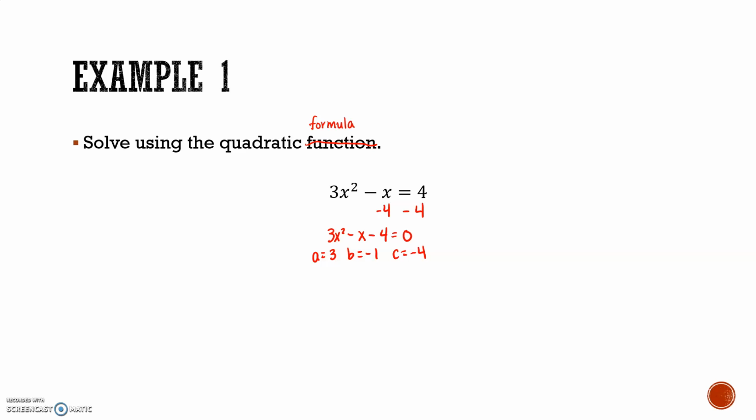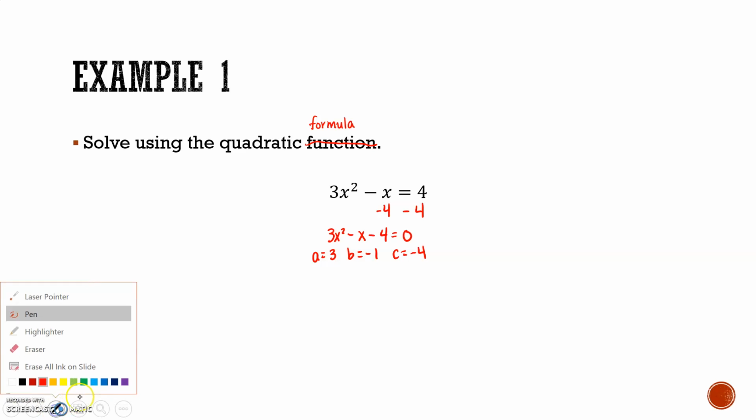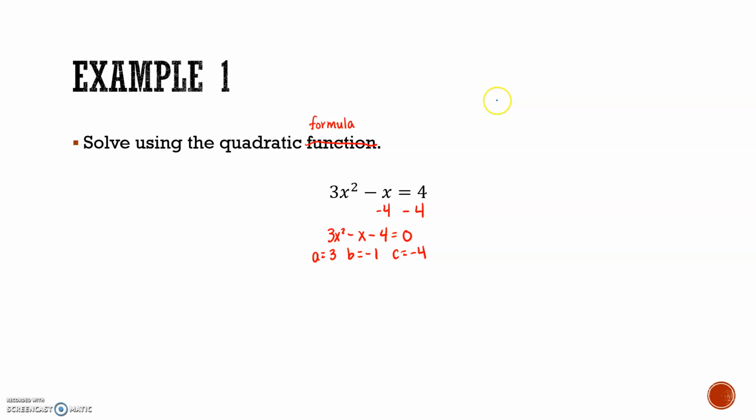All right, so then the quadratic formula says to do x equals negative b plus or minus square root of b squared minus 4 times a times c all over 2 times a.